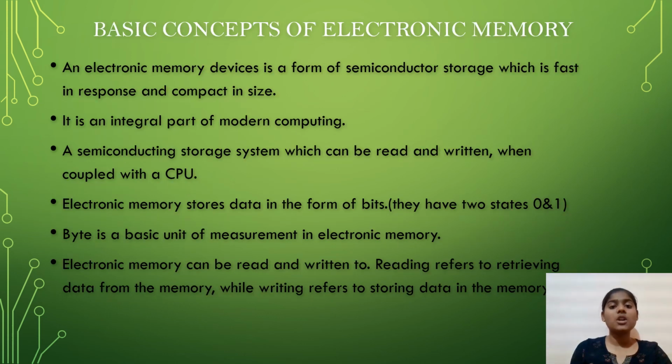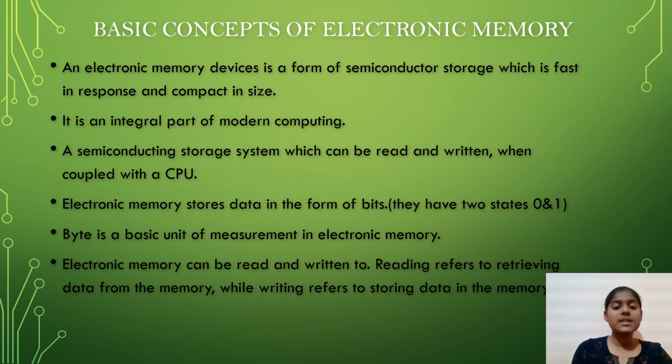Next, basic concepts of electronic memory. An electronic memory device is a form of semiconductor storage which is fast in response and compact in size. It is an integral part of modern computing. A semiconducting storage system which can be read and written when coupled with a CPU.